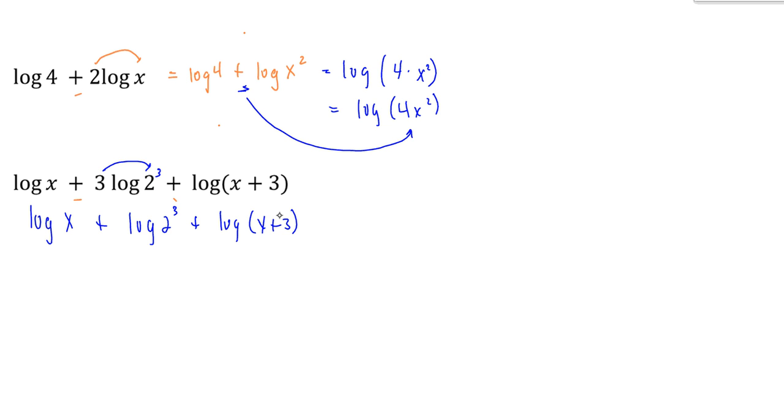There are specific properties for these, and that is not allowed. So combining them together, this is technically 8. So log of x times 8 times x plus 3. And then you combine those together.